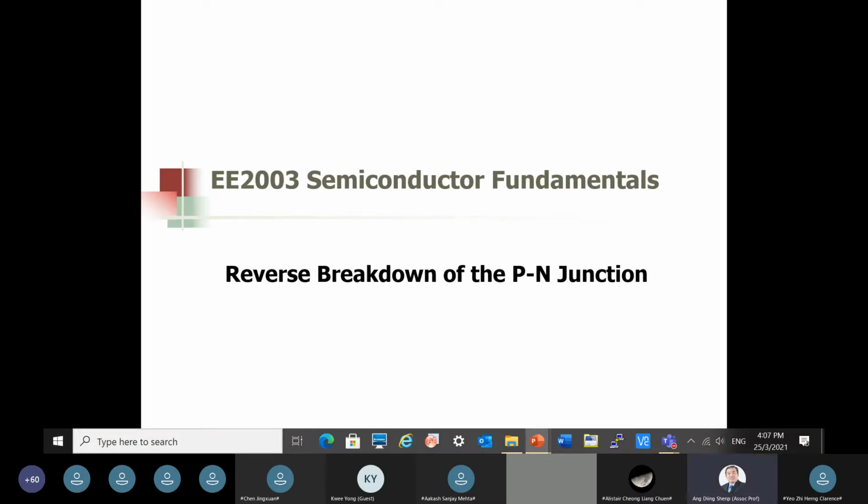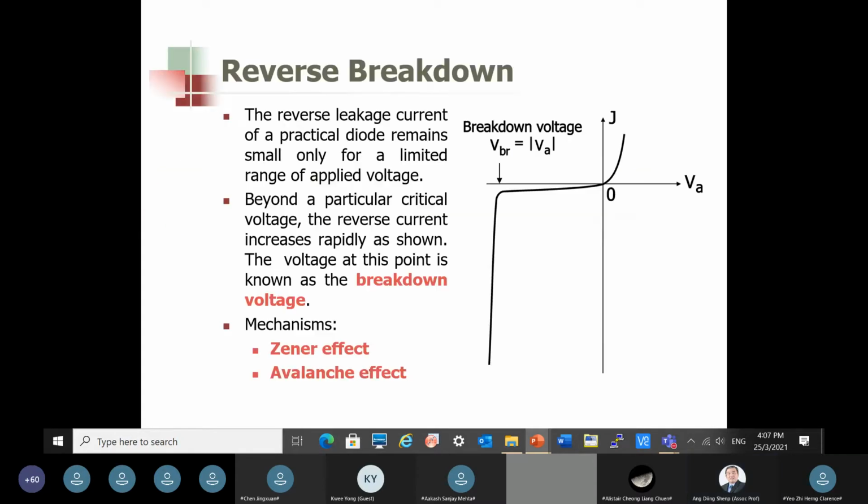Right. So the first topic we're going to go through is reverse breakdown of the PN junction diode. Now, at this point, you should be quite familiar with the IV behavior of a PN junction diode. What you see on the right is a graph that plots on the vertical axis the current density flowing through the diode against the horizontal axis the voltage applied across the diode.